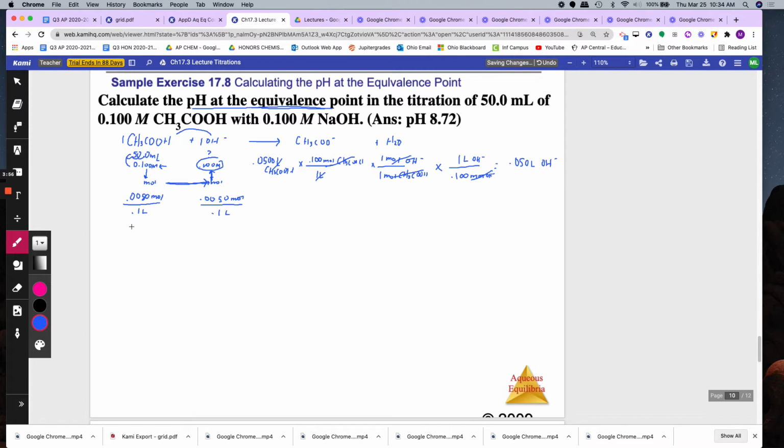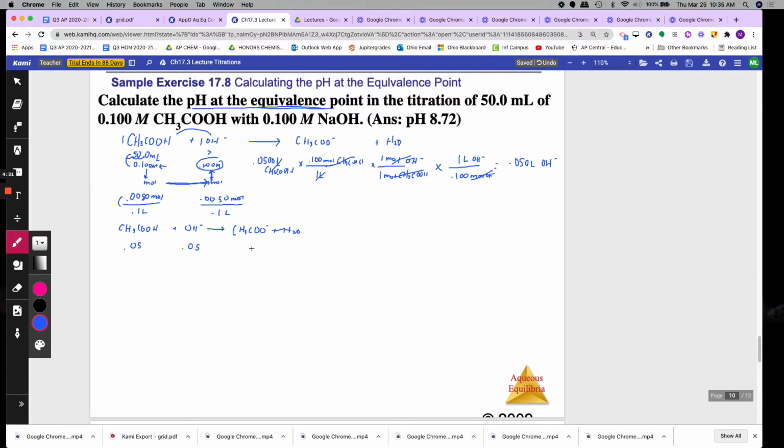So my ICE box will look like this. CH3COOH plus OH minus makes CH3COO minus plus H2O. This divided by this makes 0.05 molar, 0.05 molar, 0, 0. I don't need water here.